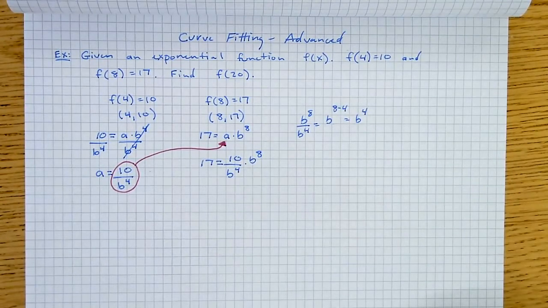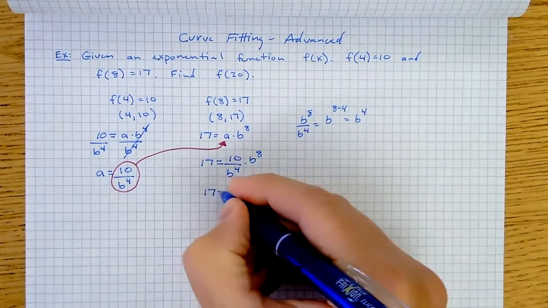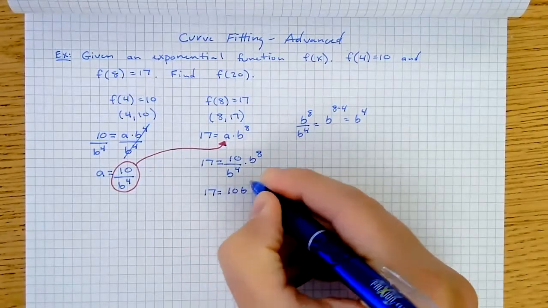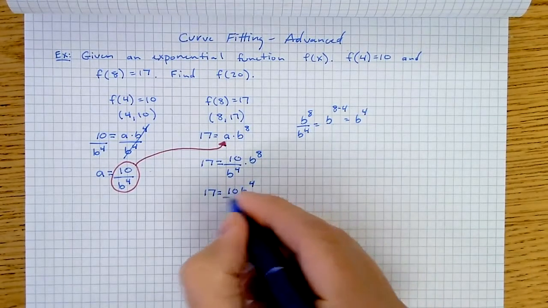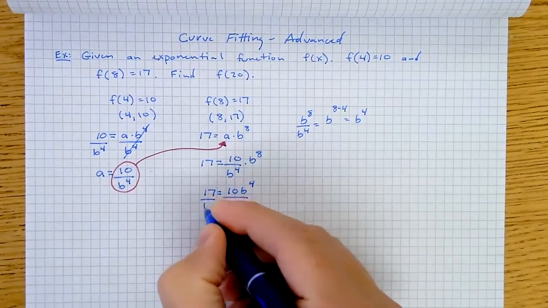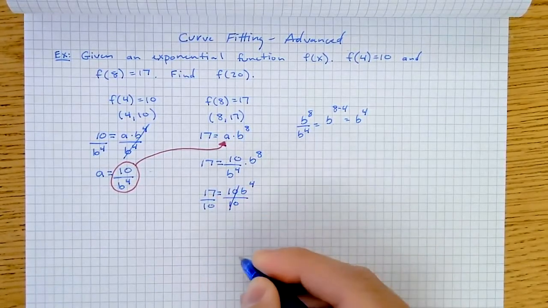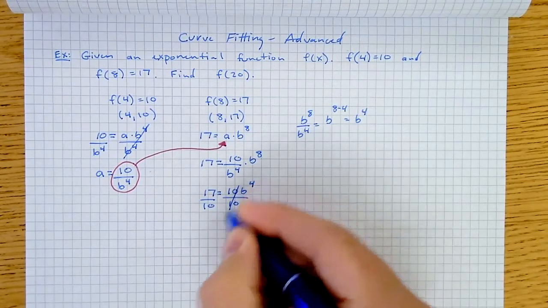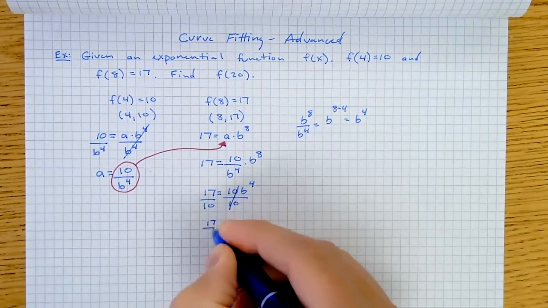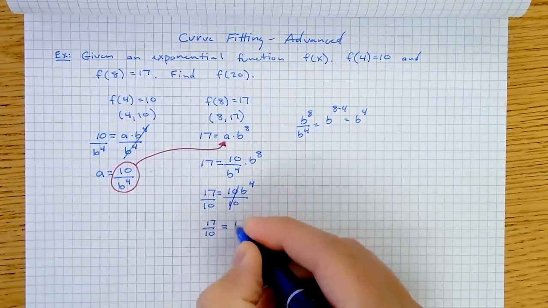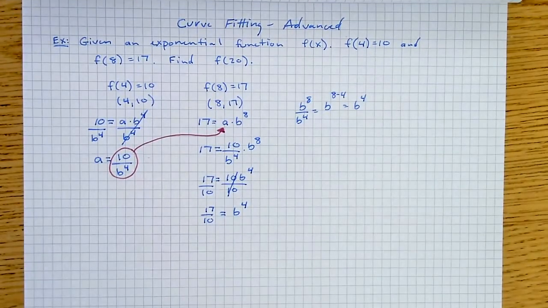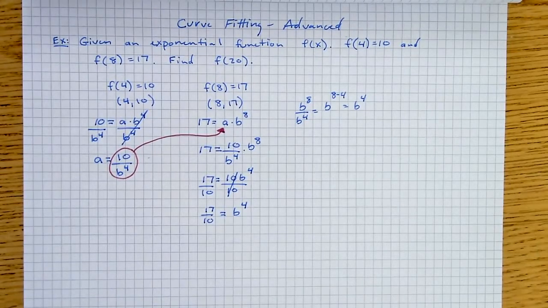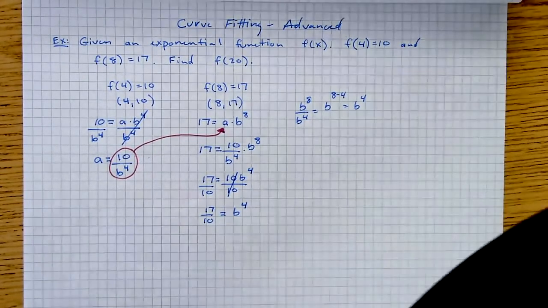So that simplifies to b to the 4th. So now we're trying to solve for b. Divide both sides by 10. So we get 17 over 10 equals b to the 4th.